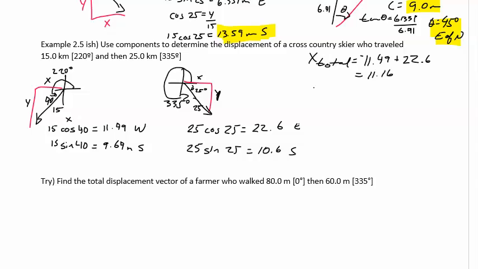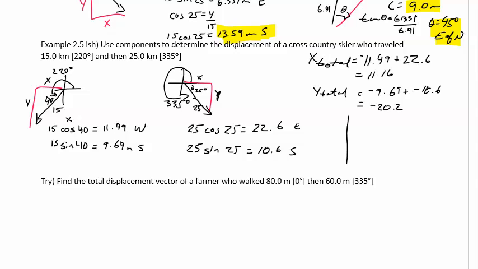We know that because it's positive. The y totals are adding the two souths, and so it's going to be negative 9.69 plus negative 10.6 for a total of negative 20.2. That negative just indicating south.